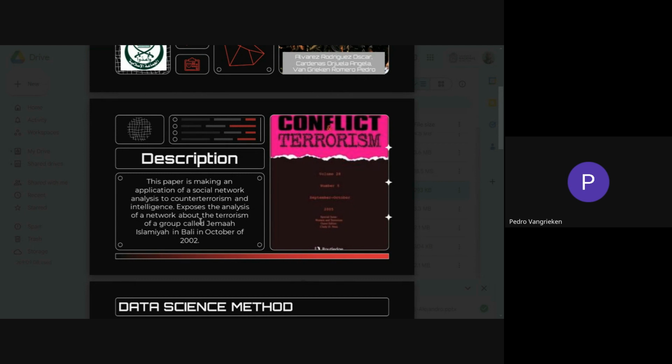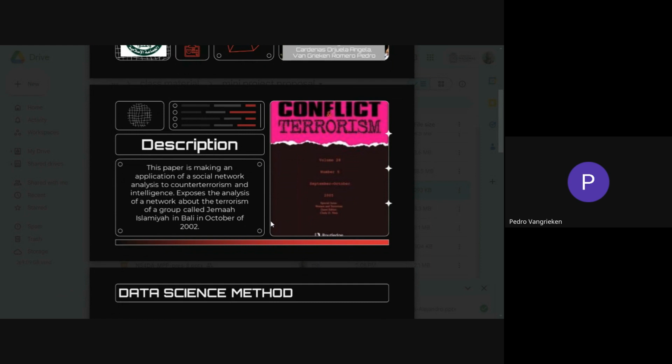And the thing is that social network analysis is, okay, we looked for the definition. It's a mathematical method to connect different dots and make a map, like a network of complex human groups.